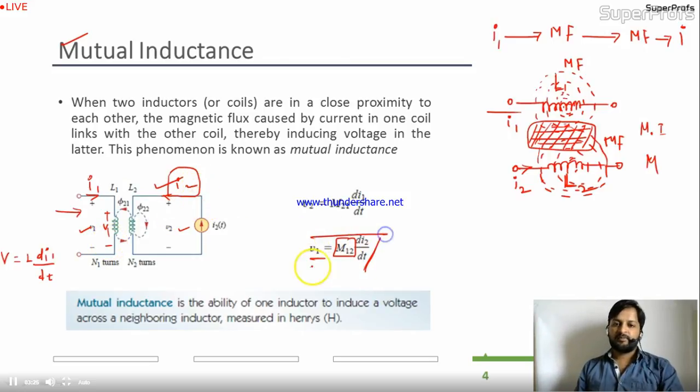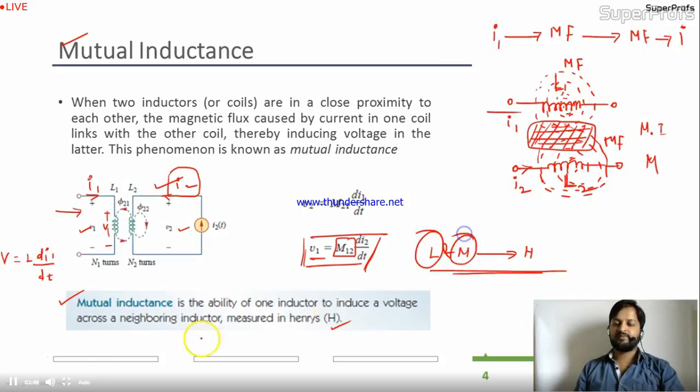This is nothing but the mutual inductance concept. If they are neighbors to each other, they will affect each other. So I can say mutual inductance is the ability of one inductor to induce a voltage across a neighboring inductor, measured in Henry. The unit of L and M is Henry. Both are the same thing: L is self, M is mutual.